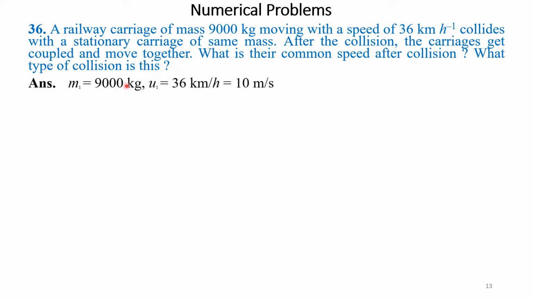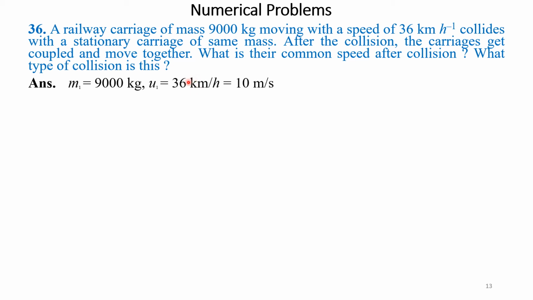So M1 is equal to 9000 kgs and initial velocity U1, the velocity of the first carriage, is 36 kilometers per hour. It is given in kilometers. We have to convert into meters per second. To convert kilometers into meters, you multiply with 1000.